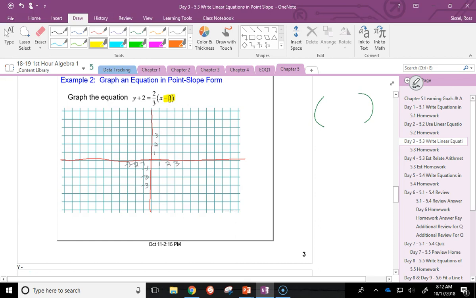Remember, keep going back to that original formula. Y minus y1 equals m times x minus x1. What we're going to look for is coordinate, coordinate, slope. That's what's going to be important. And remember, the signs are opposite.